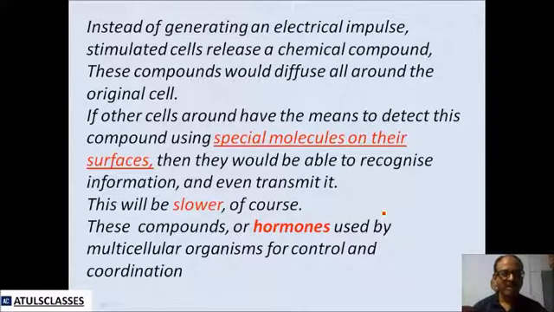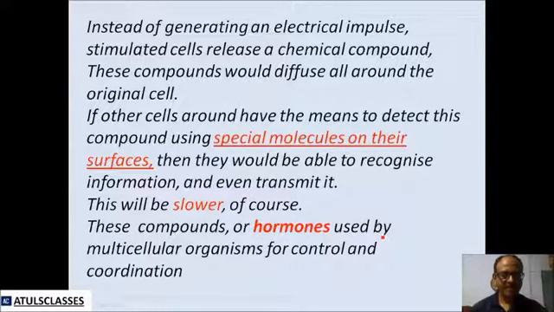If it is there, then sometimes the signal will stop working, because continuous electrical signal is dangerous. So to move this in another way, the plants have developed special molecules. Plants and even some animals also have this type of messaging or coordination system based on special molecules.